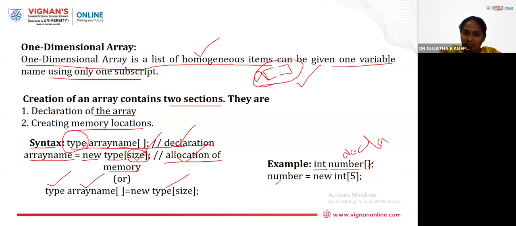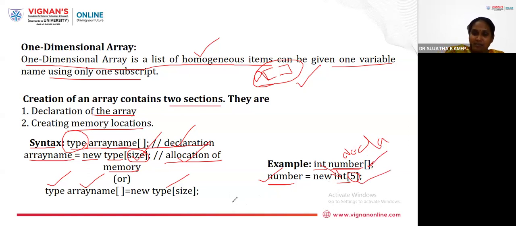Now memory allocation means the array name is equal to new, and the type we are using is int. How many elements do I want to store? The size of that array. I can store 5 elements. So the required space for storing the 5 integer values is allocated to this particular array. This is declaration, and this is allocation of memory.